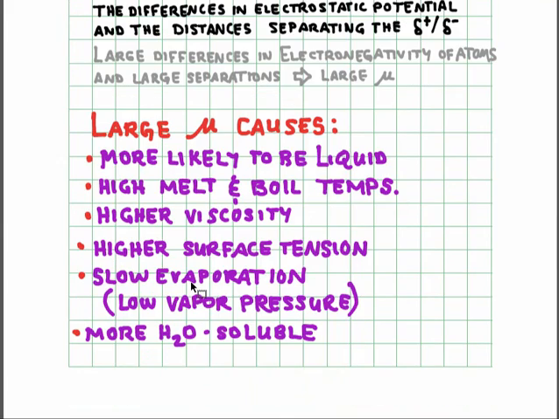And large dipole moments do what? If I have a very polar molecule with a large dipole moment, it's more likely to be a liquid at room temperature. It melts and boils very hot. It's very sticky and thick. It has a high surface tension, and so it evaporates very slowly. We say it has a low vapor pressure, more of that in chapter 8. And it probably would dissolve in water better, because water is very polar, and polar things dissolve other polar things.